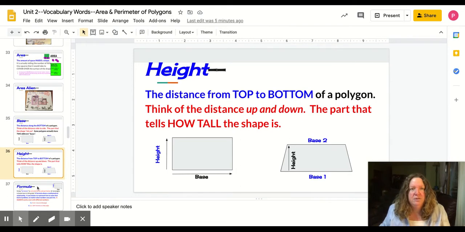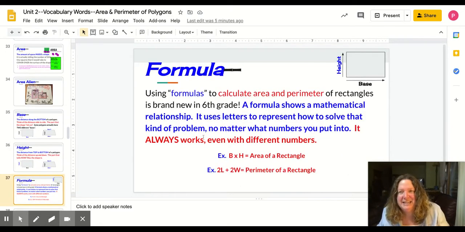Now, one more thing you're going to want to know for today's lesson: formula. This might be the first time you've used this word formula, aside from maybe if you're talking about feeding babies. Something like milk that you feed babies is called formula as well. This is not that. This is math formula. Formulas in math are used to calculate the area and the perimeter of rectangles, and it's brand new in 6th grade.